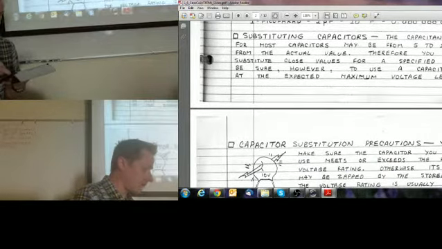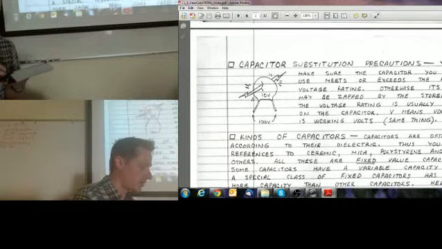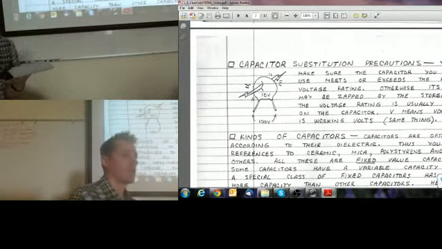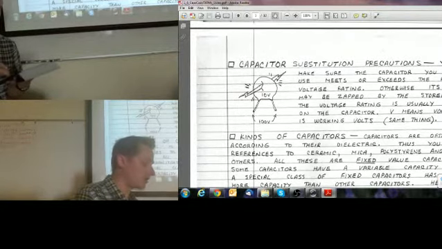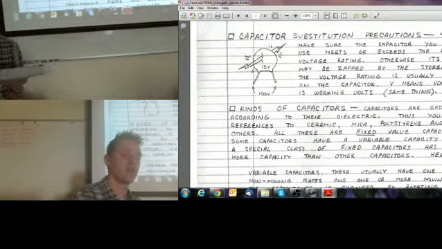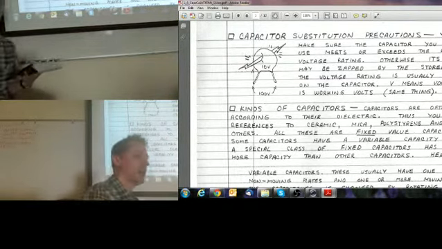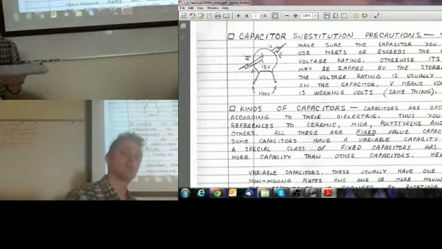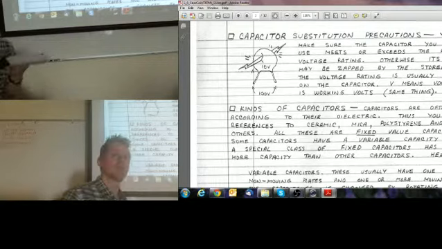So don't be afraid if it says 10 microfarads on your lab to use a 15 microfarad or 20 microfarad capacitor. You have to adjust. If you're going to do a time constant lab, just take note that if you use a bigger capacitor, the amount of time it's going to take to charge up is going to be proportionally different.